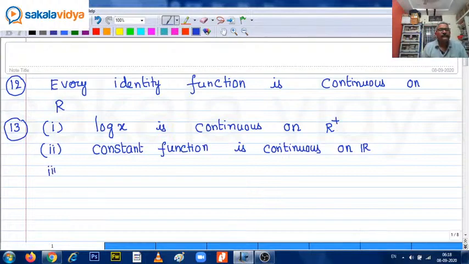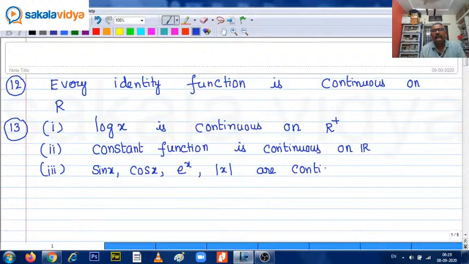Third point: sin x, cos x, e power x, mod x are continuous on R. They are all standard results because the graph of sin x, cos x, e power x, mod x don't have any break. So that's why they are always continuous.